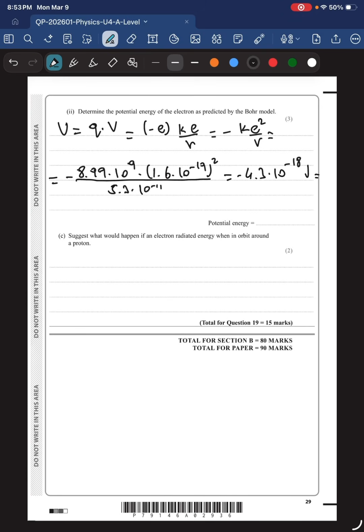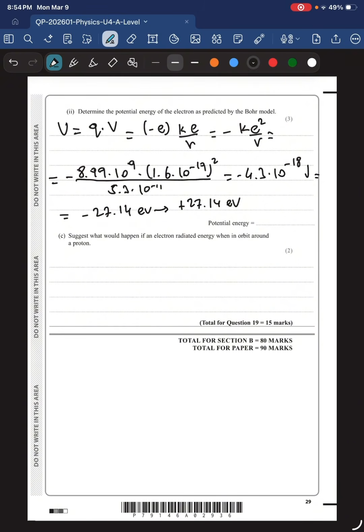And if we divide by 1.6 times 10 to the negative 19, we will find minus 27.14 electron volts. Okay, in the mark scheme, they say plus 27.14 electron volts. That's fine, I guess. So what is a minus sign among friends? Used to say one of my graduate school physics professors. So, okay. Question C.